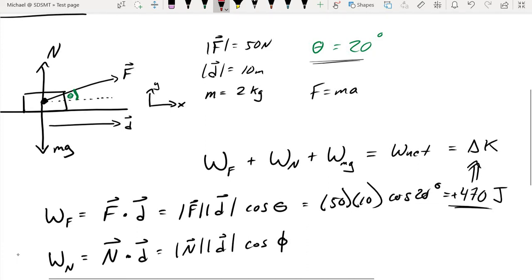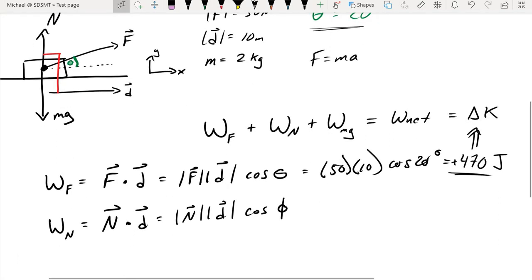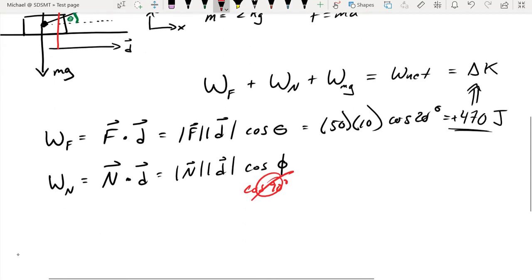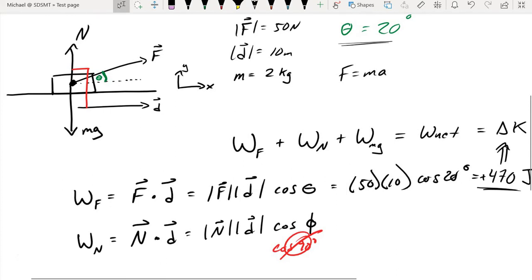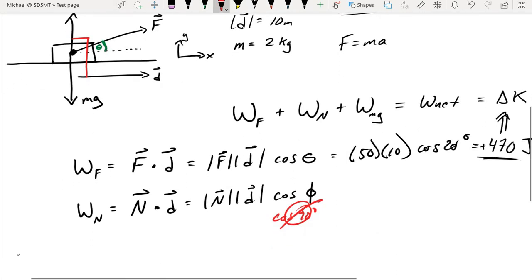In fact, the angle between the normal force and the displacement vector is 90 degrees. And cosine of 90 is 0. So it doesn't really even matter what the magnitude of the normal force is. We could solve for it, but it's perpendicular to the direction of the displacement, and so it's not going to do any work. It's 0.